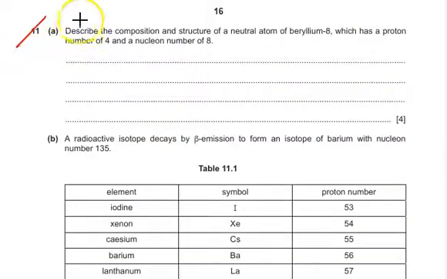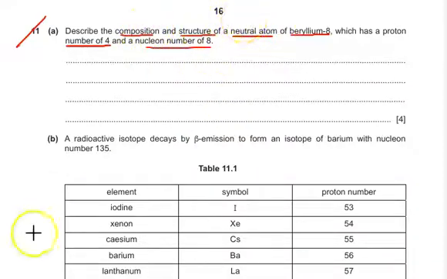Okay, number 11. Describe the composition and structure of a neutral atom, beryllium-8, which has a proton number of 4 and a nucleon number of 8. You have to explain in words, not by drawing. So here we have beryllium, which has a proton number of 4 and a nucleon number of 8.